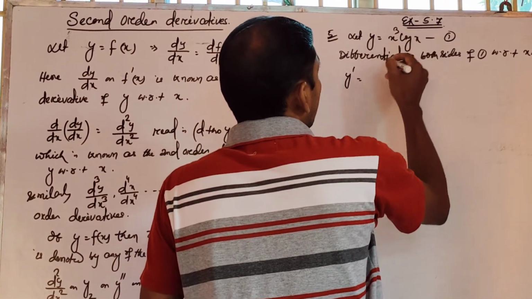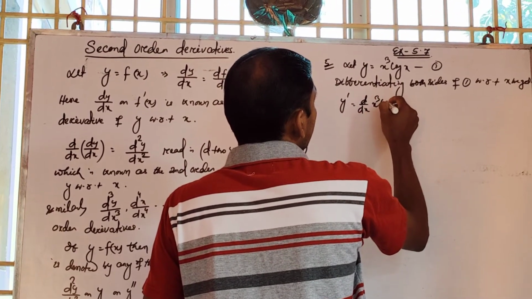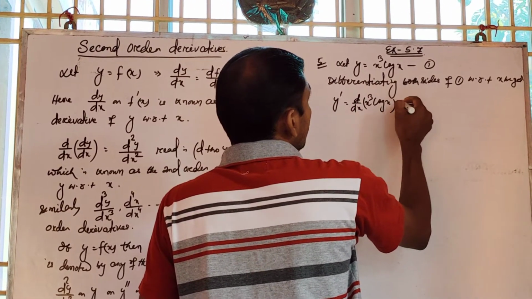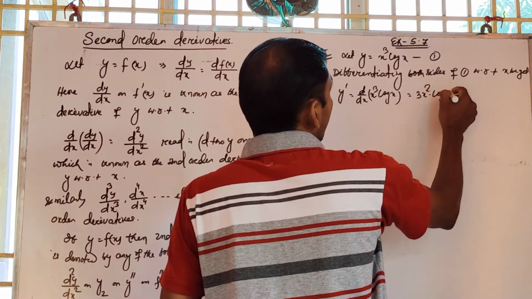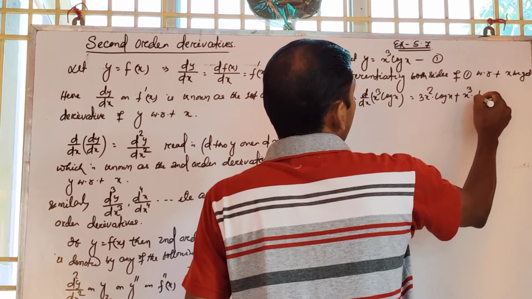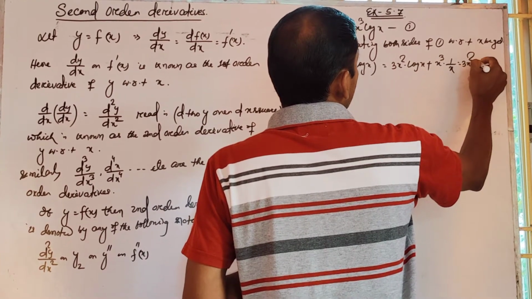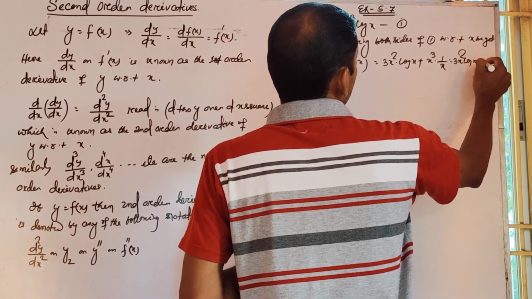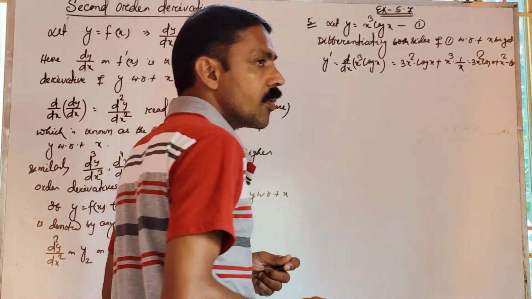We will use the product rule: d by dx of x cube log x. So the derivative of x cube is 3x square into log x plus x cube into the derivative of log x, which is 1 by x, that is 3x square log x plus x square. Give it number 2.